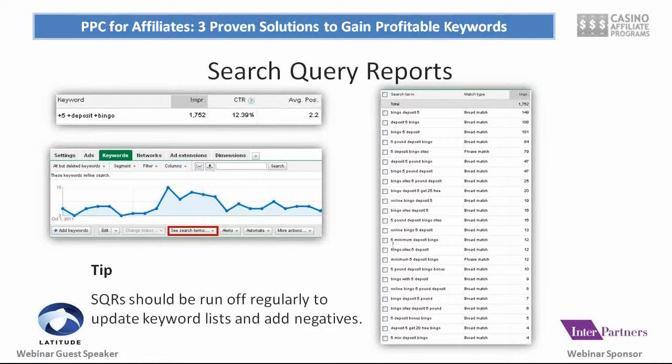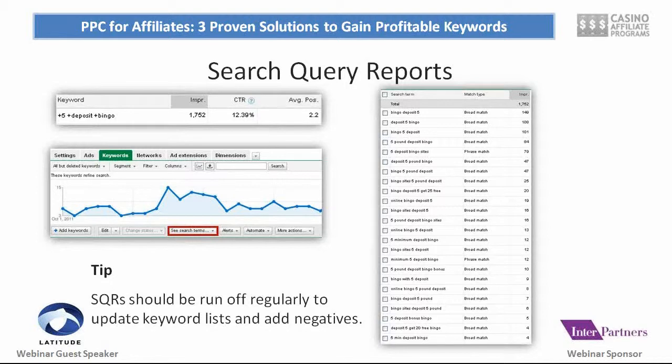If you click on that button, a drop down comes, and if you select all, then depending on the keywords that appear underneath in the screen, Google will then show you, for the date range selected, all the different search queries that those keywords show for, just like the screenshot on the right hand side. It will give you their performance so that you can start to see the common variations, even perhaps irrelevant searches, and therefore possible negative keywords that you need to add to your account.